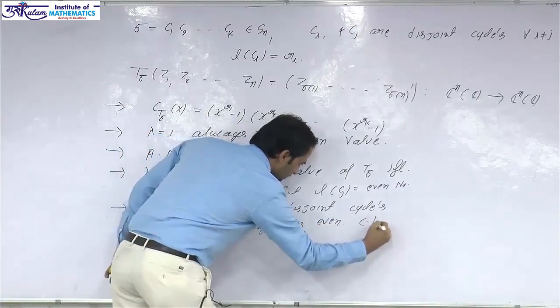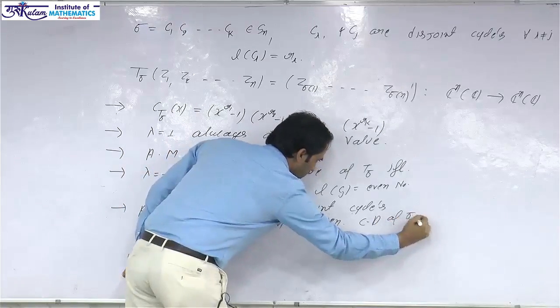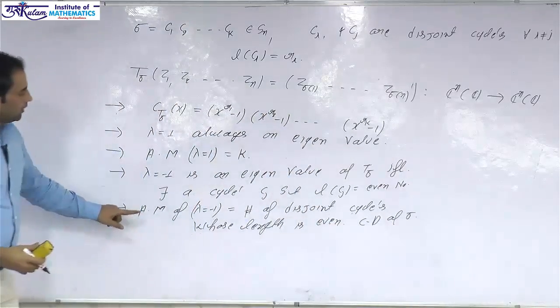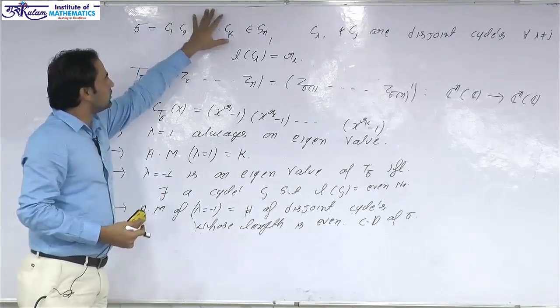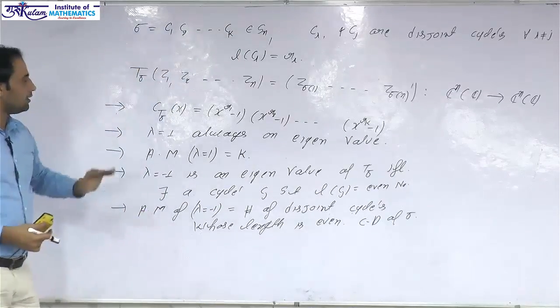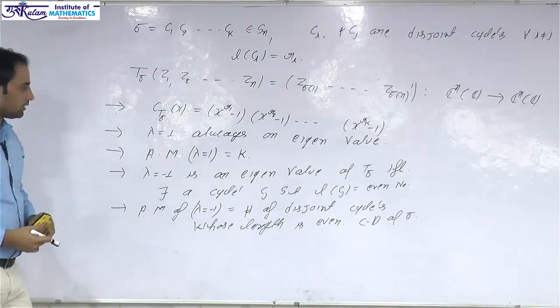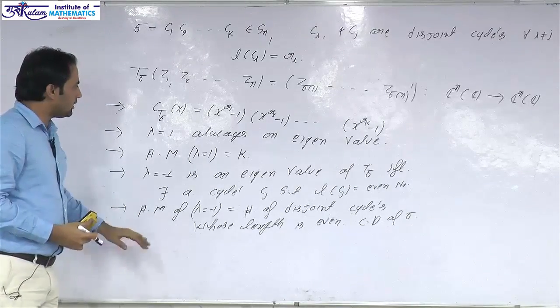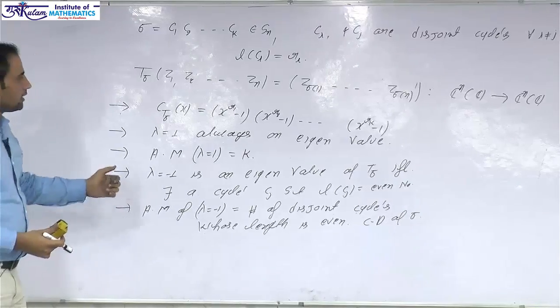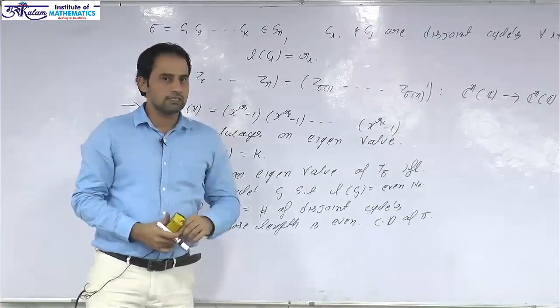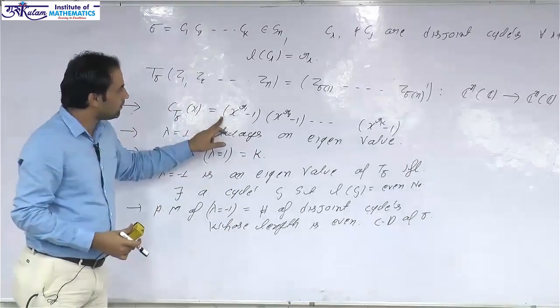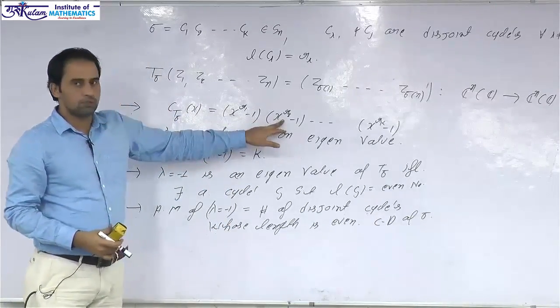This is the algebraic multiplicity of minus 1. Similarly, you can find the other eigenvalues.